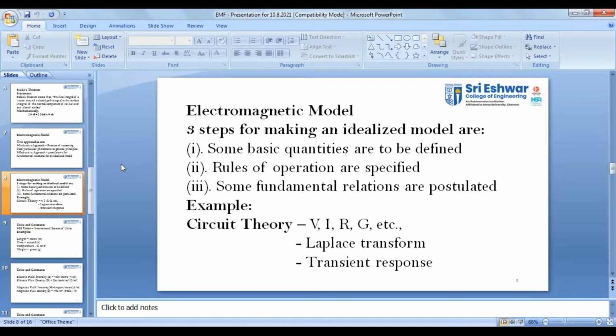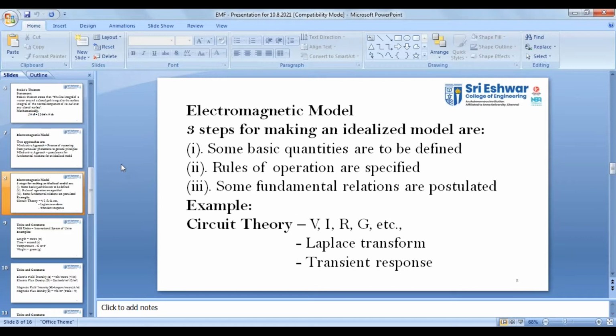What relation am I postulating here? The transient response. For a series RL circuit, the transient current expression is i(t) = E/R (1 - e^(-Rt/L)), where E or V is the source voltage.